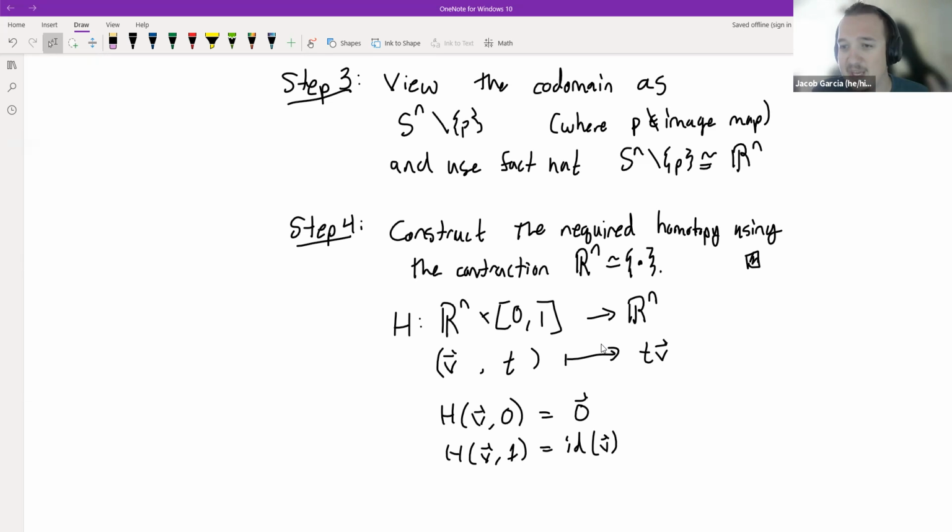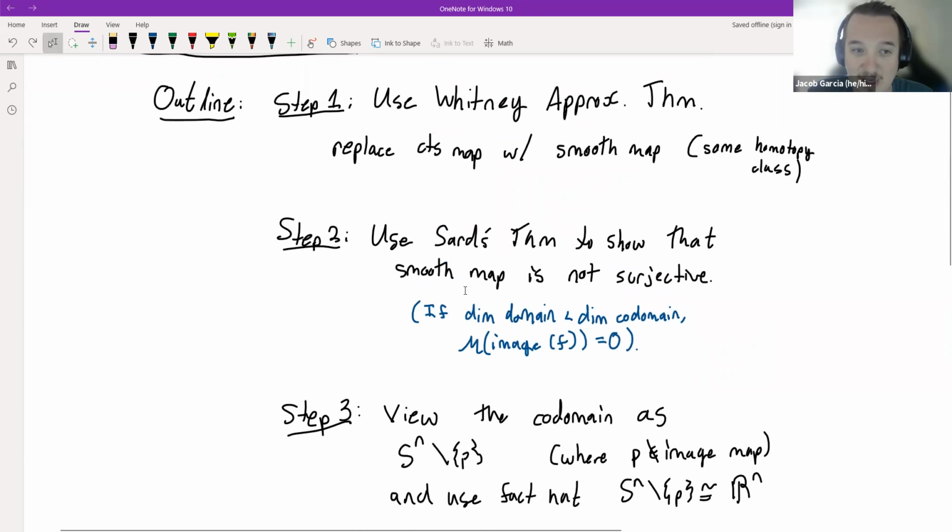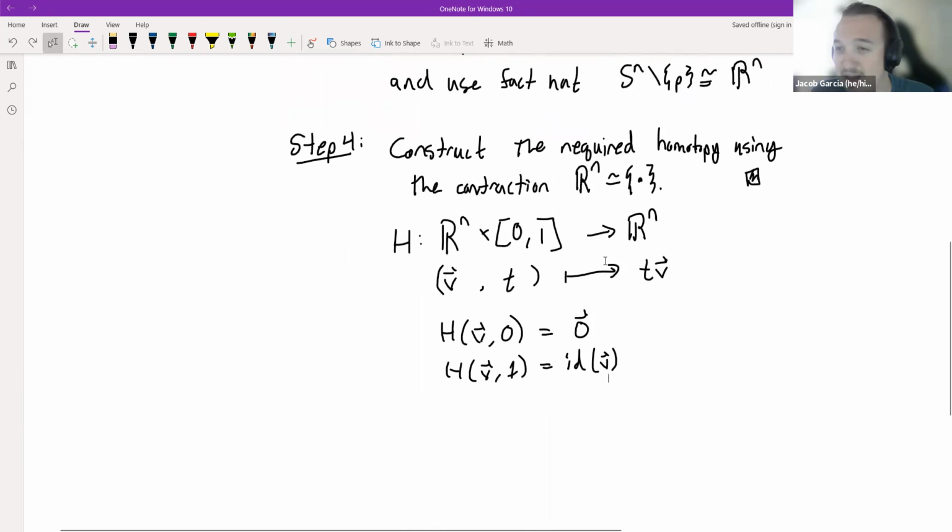So this is going to be a homotopy between the identity function and a constant map, which shows that this is contractible. And then you compose this correctly with the diffeomorphism that you construct in step 3, and the function that you got from step 1, the smooth function, and then you can actually construct an explicit homotopy between a constant map and that original function f.